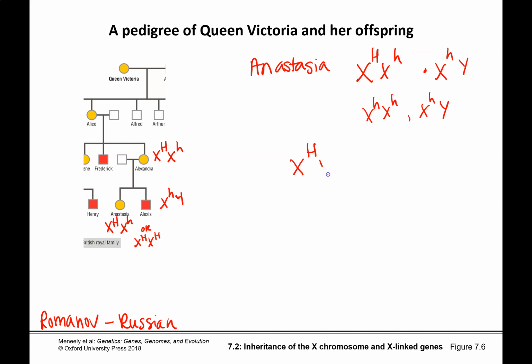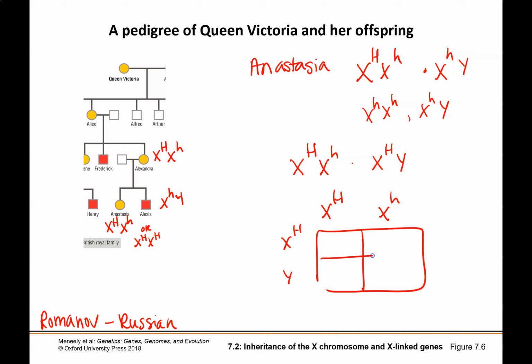Let's say that she does not marry somebody with hemophilia, which is probably more likely. In this situation, we are going to have normal females, carrier females again. So carrier females in this family tree are pretty common.